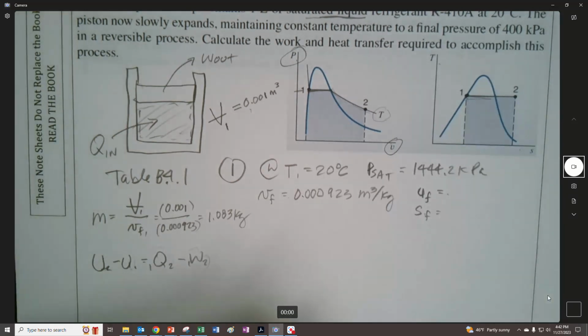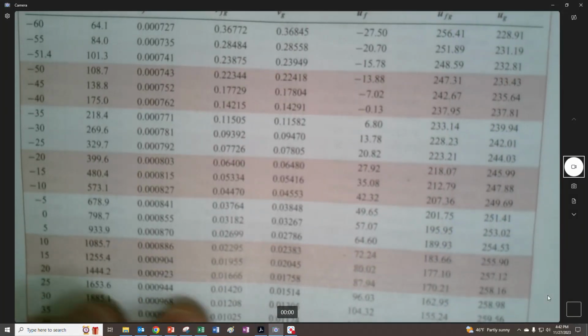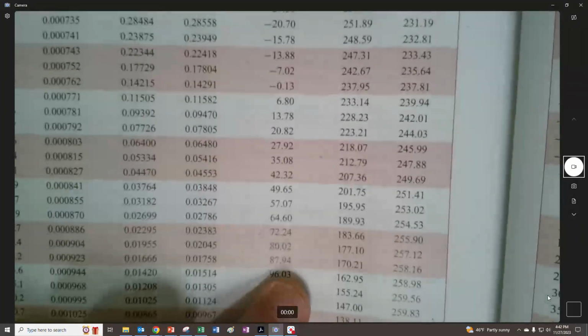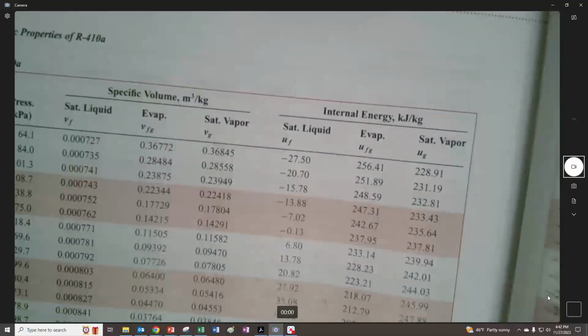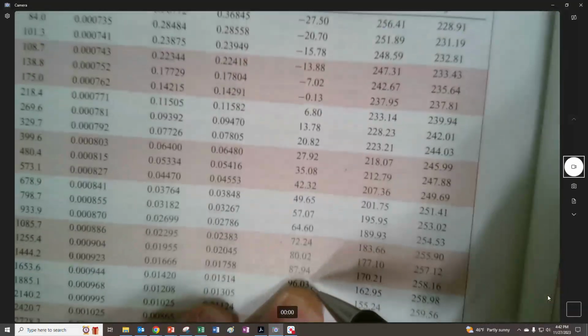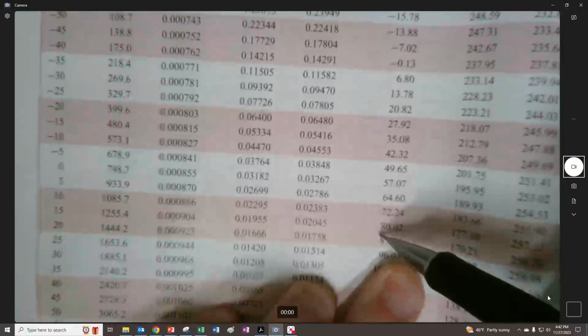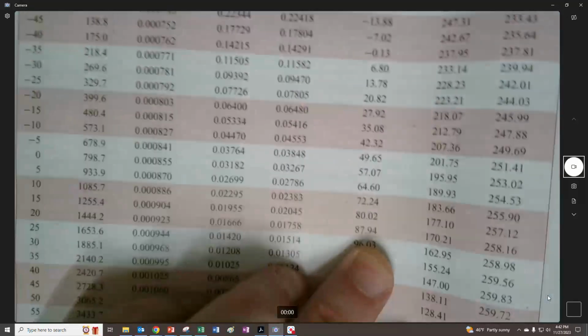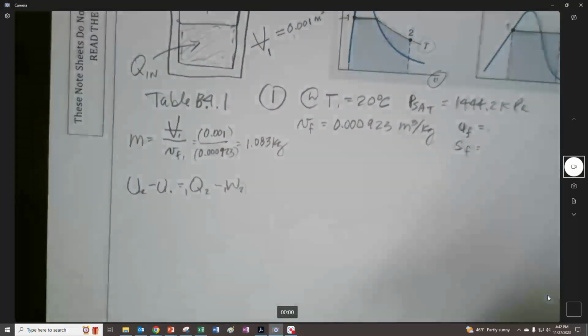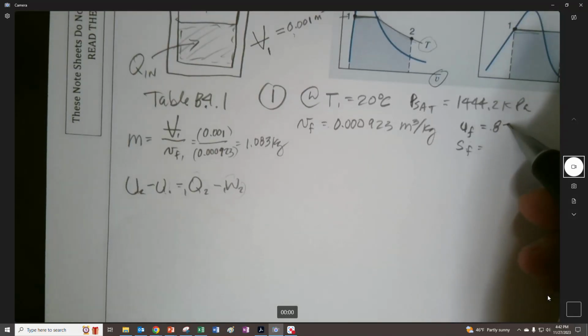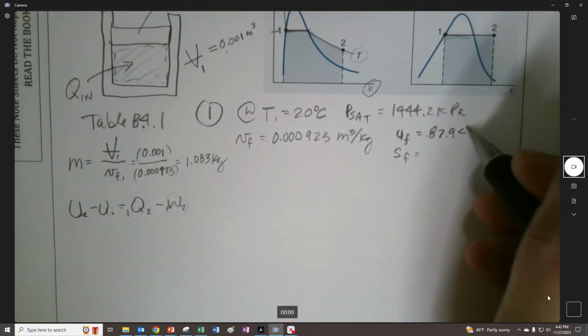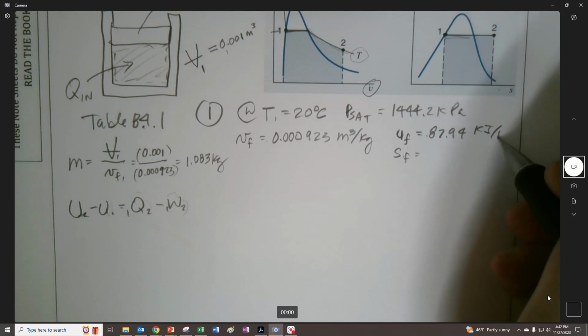So the UF is going to be right here under 20 degrees. Should be this value, right? We're finding UF right here and finding that it is 87.94 kilojoules per kilogram.